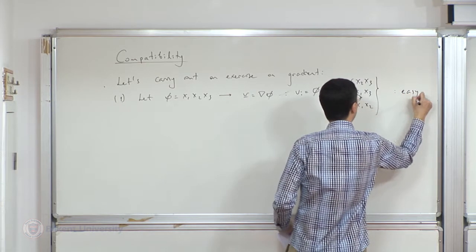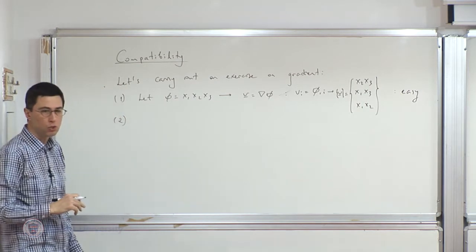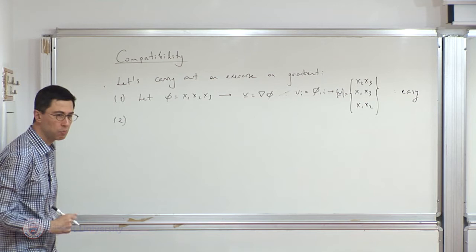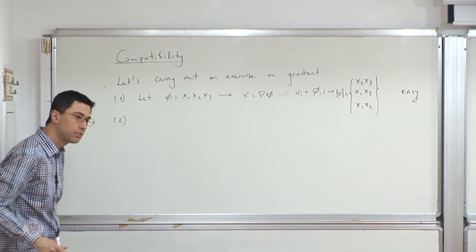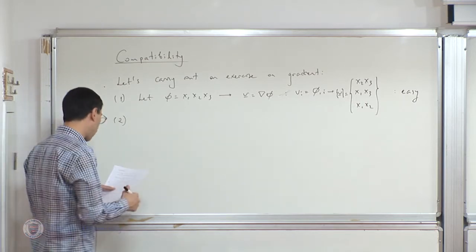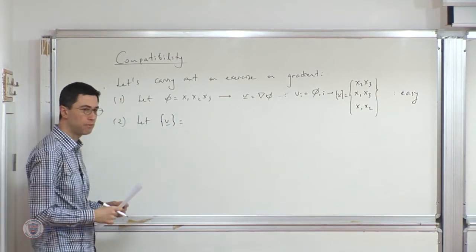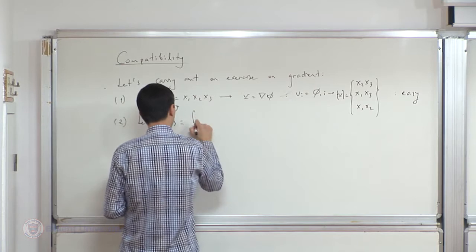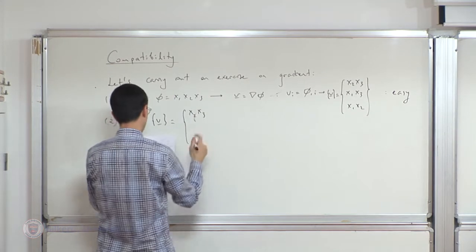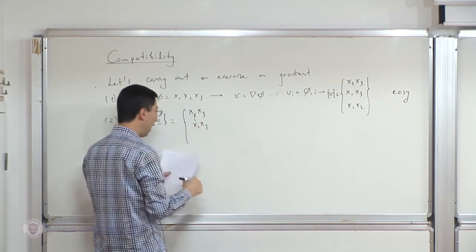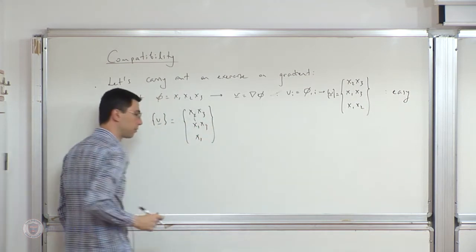So given a function, calculating the gradient is rather easy. Sure, it can be a little tedious, but in the end it is more or less straightforward. Now I am going to reverse this problem. I start off with a vector field, very similar to that one: x2, x3; x1, x3; and the last one I will modify a little bit, let's say it's equal to x1.